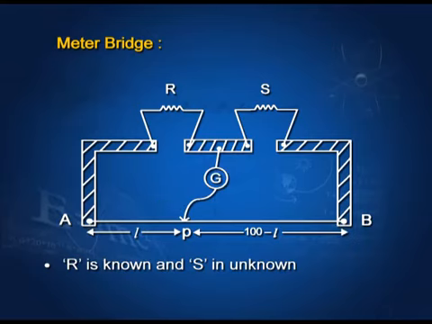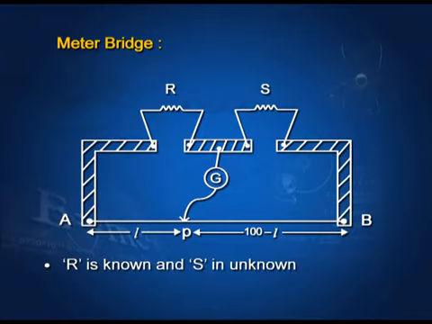We tap the jockey first at point A, then at point B. The galvanometer should show the deflection in the opposite sides. We move the jockey between A and B in such a way that we get a point where the galvanometer shows zero deflection.